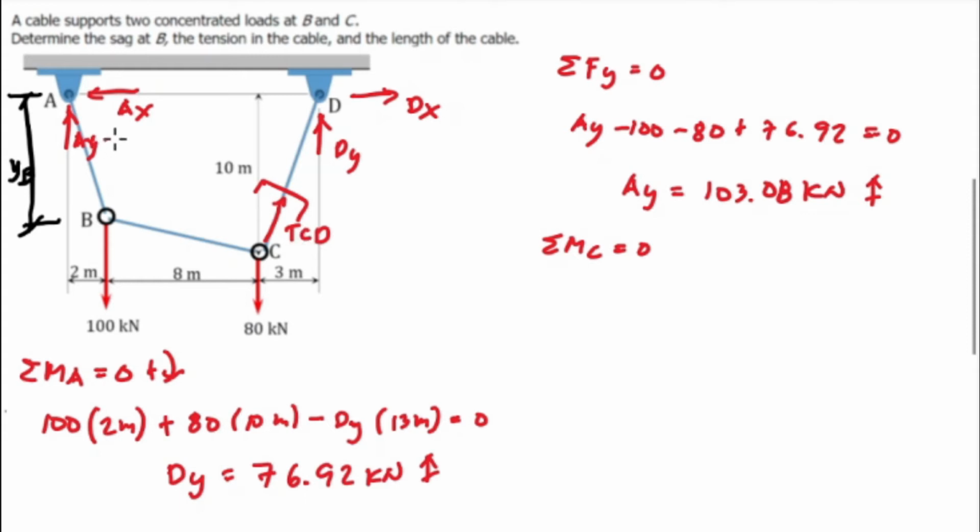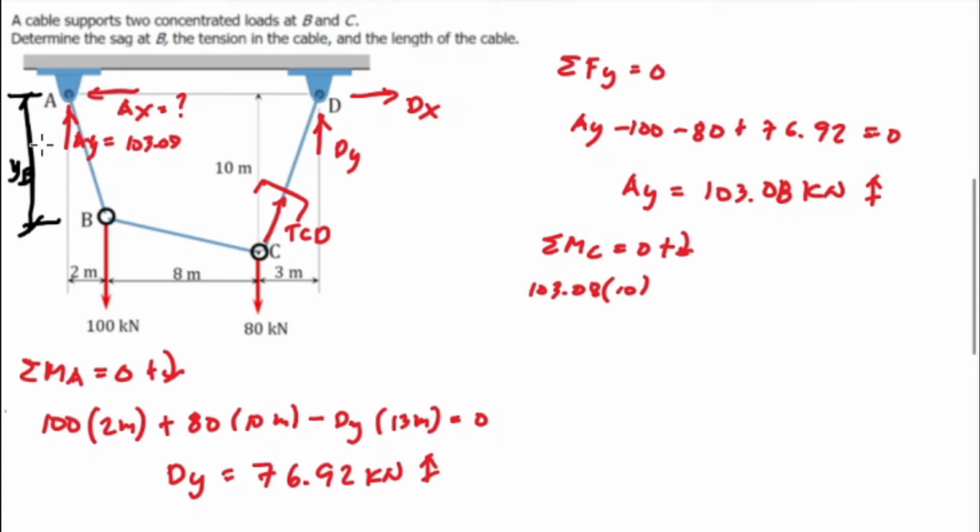A sub Y, whose value is 103.08, multiplied by the distance from A to C, which is 2 plus 8, or 10, and the direction is positive, clockwise.